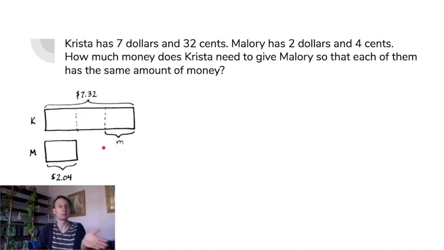But it's money, so I'm going to take this much of Krista's money, bring it over here, and now Mallory and Krista have the same amount of money. Now do you see how to calculate this? You see how valuable these tape diagrams are sometimes, because it shows you exactly what to do. And what do we do?